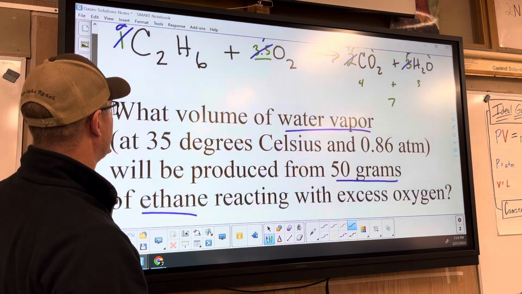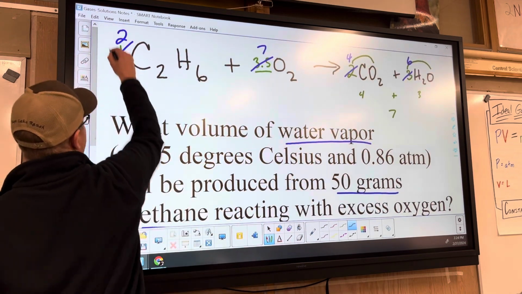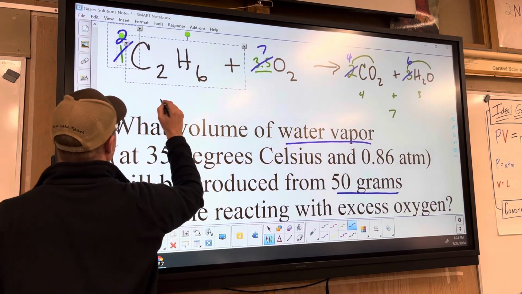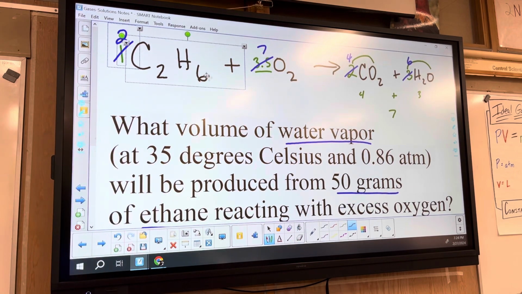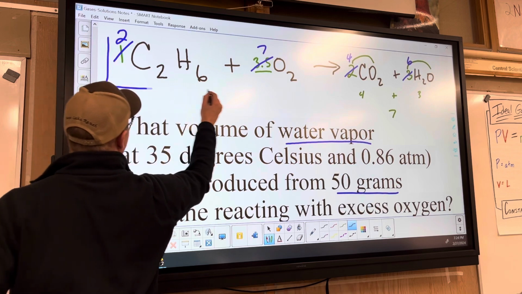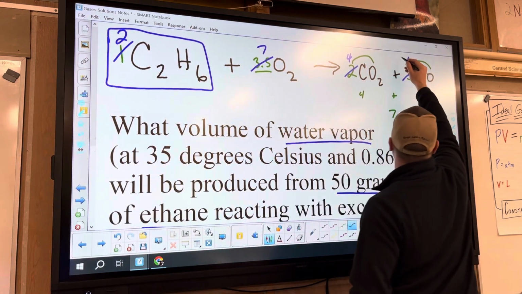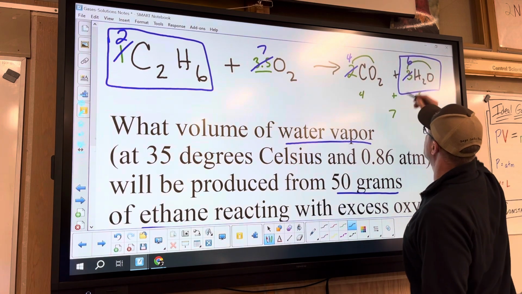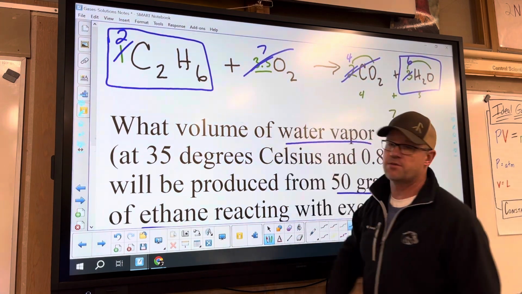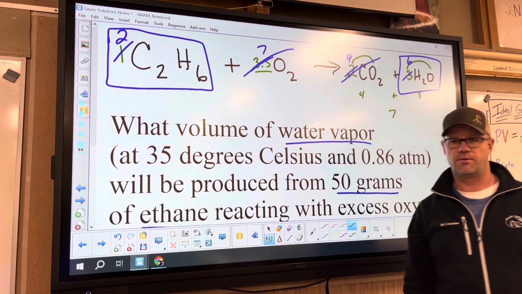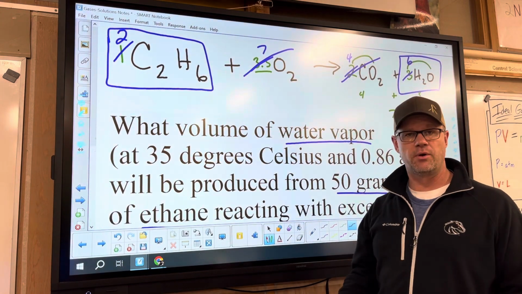So when I look up here, that means I'm dealing with ethane. Whoa, I didn't want that to happen. Let me see if I can get rid of that stuff. This is our ethane right here, and this is our water. Those are the 2 we're looking at. For these purposes right now, we don't care about the others. The others are there, we're just not going to analyze them.